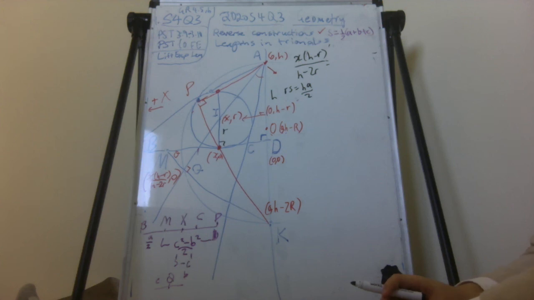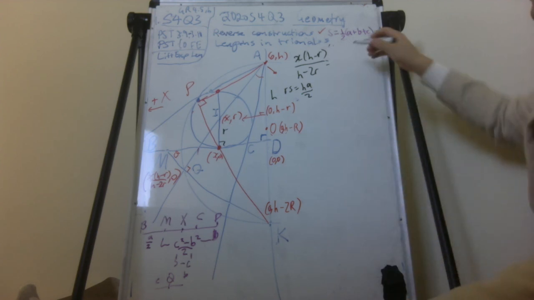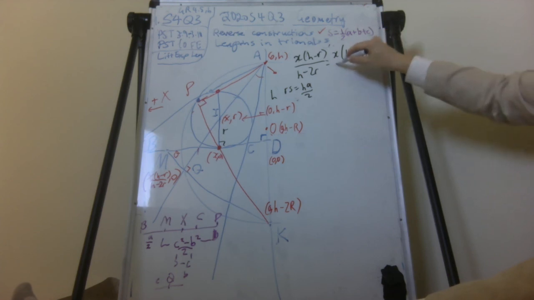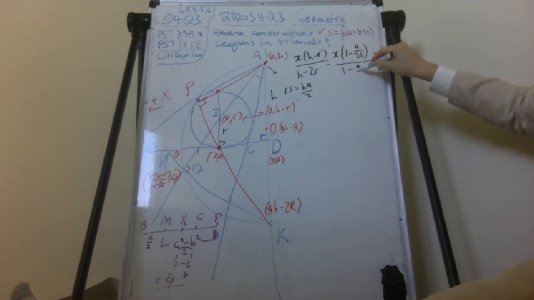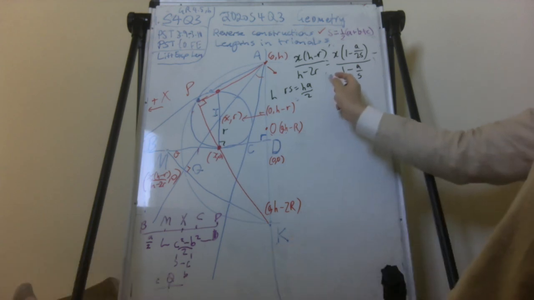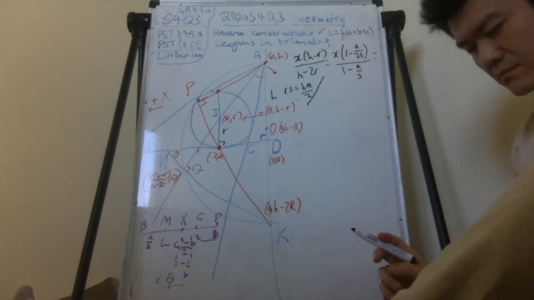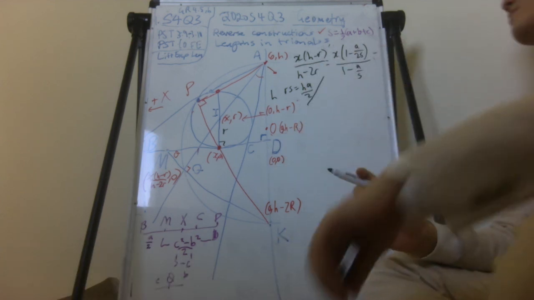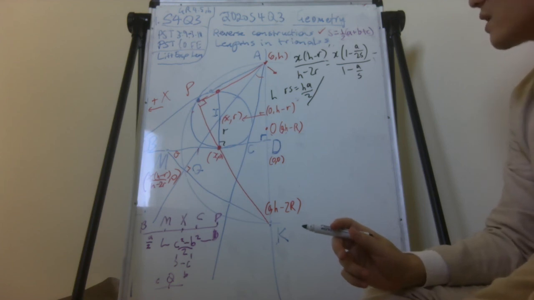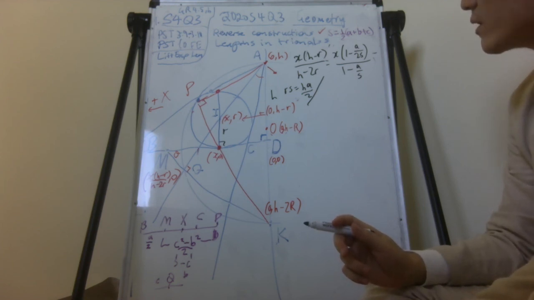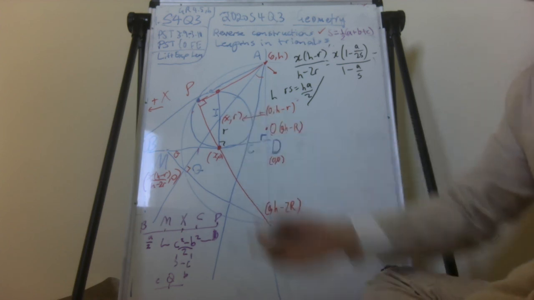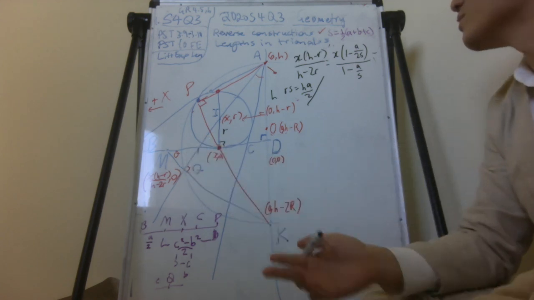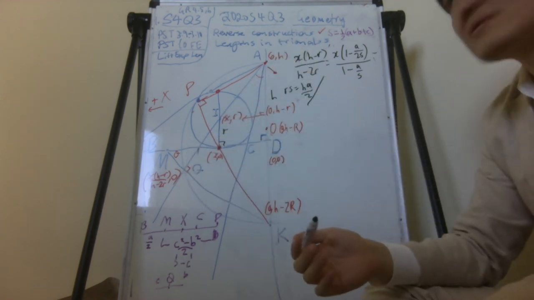So R on H is equal to A on 2S, so it's equal to X 1 minus A on 2S on 1 minus A on S. Some of this is getting diagram dependent. You may have to make some comments, but I'm doing it for this diagram. Diagram dependent means like if this is on the other side of it, or maybe you always know that it's on one side of it.